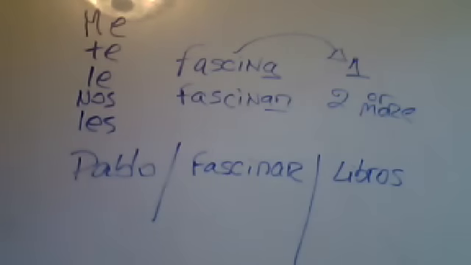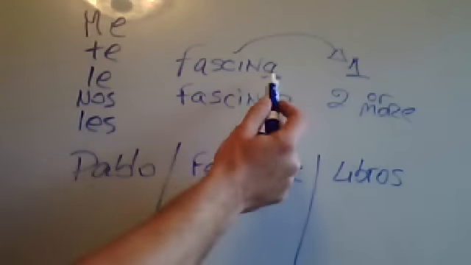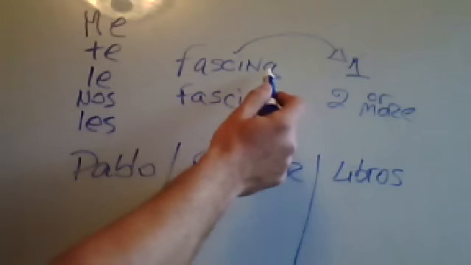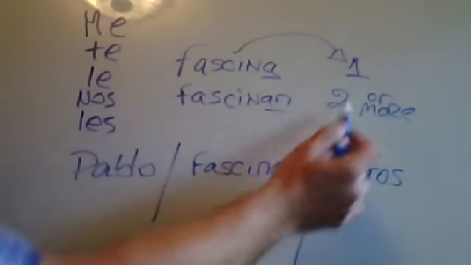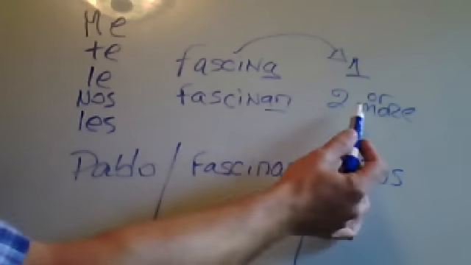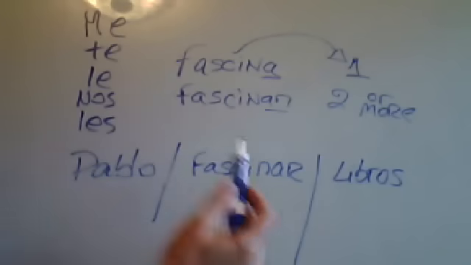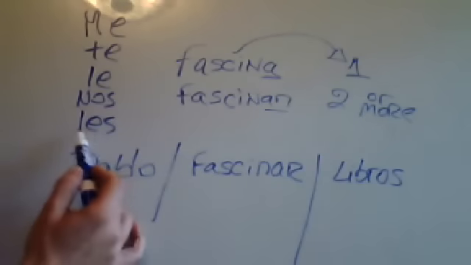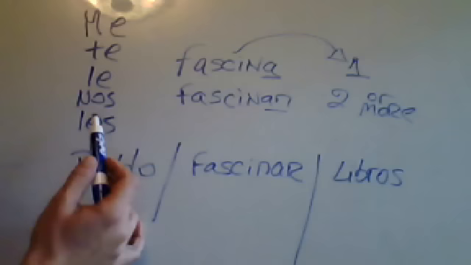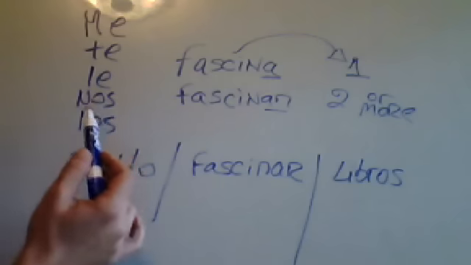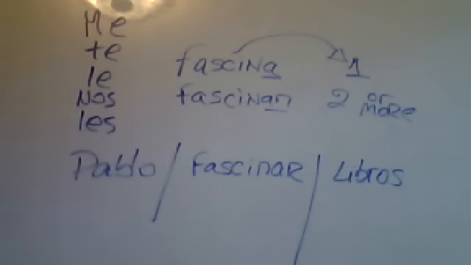Entonces, what is the big difference we have in this conjugation? That the ending of the conjugation is according to the object you like or dislike, and is not according to the person or people who likes or dislikes. Alright, that's the biggest difference that we have.